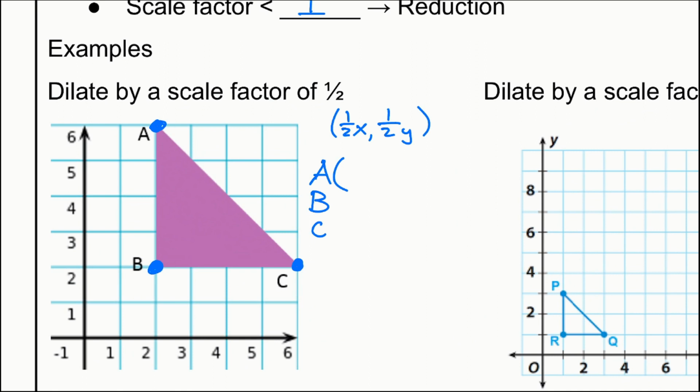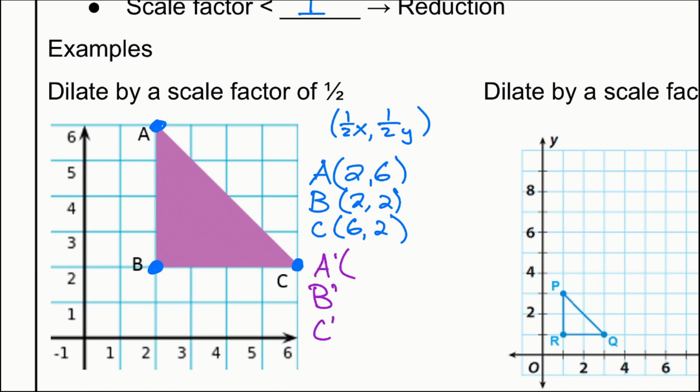A's point is at 2, 6. B's pre-image point is at 2, 2. C's pre-image point is at 6, 2. So after we multiply these by 1/2, we will get our primes.